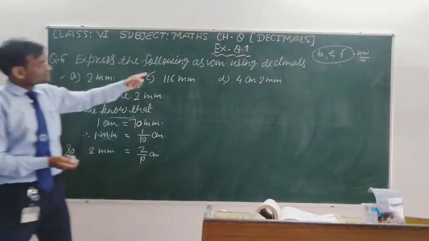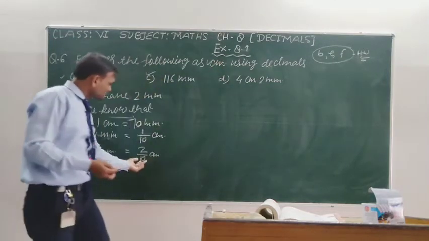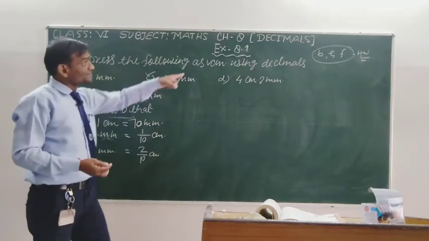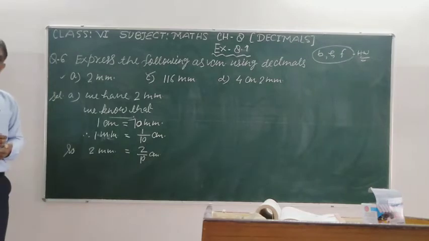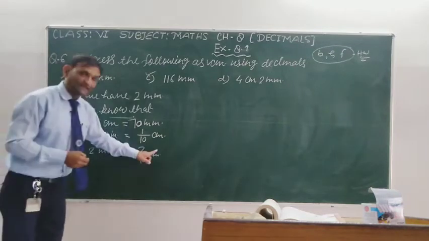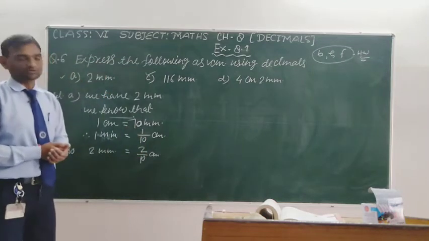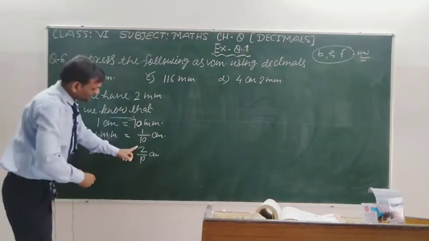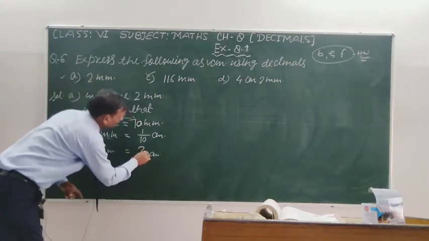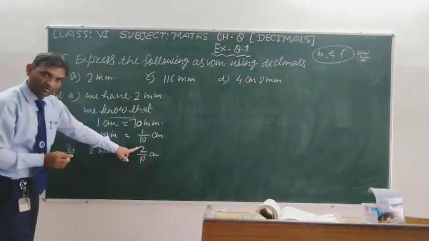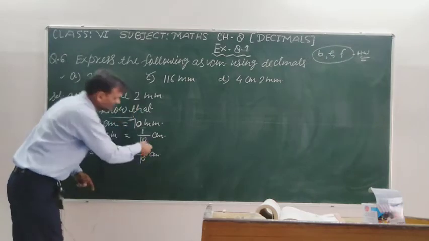But the question says change into centimeter using decimals, so write the value in decimal numbers. We have to state centimeter, but write the answer in decimals. So student, for writing the decimal we divide 2 by 10. 2 is a whole number, and the decimal point is at the last, you know very well.